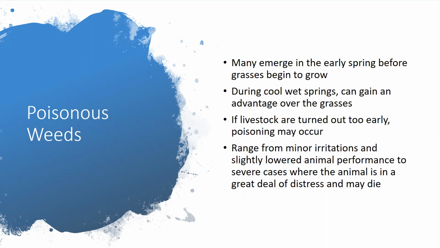And they're called poisonous weeds because they have the ability to poison anything that might consume them. That can be livestock and that can even be people. Looking back at cool, wet springs or just emergence in the spring, if livestock were to be turned out too early, poisoning could occur because this would be the only plant that they would be able to graze.